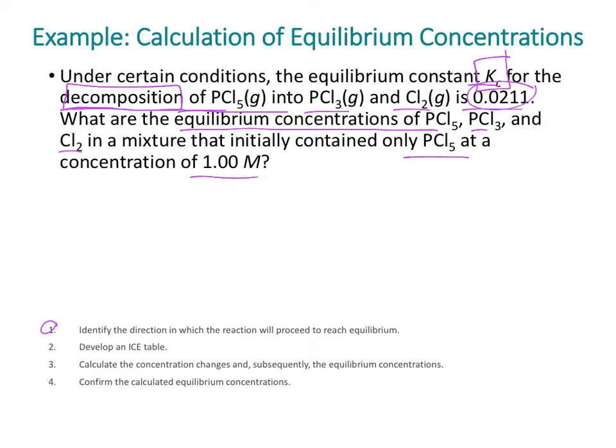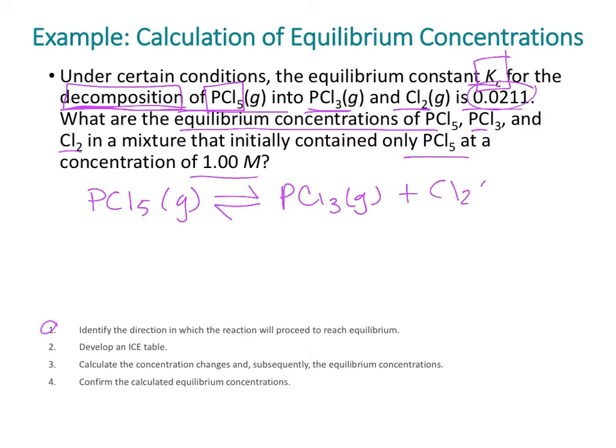We are seeing PCl5 decompose, so turn into smaller products, and specifically they are PCl3 and Cl2. So we're starting off with PCl5 decomposing into PCl3 and Cl2 gas.